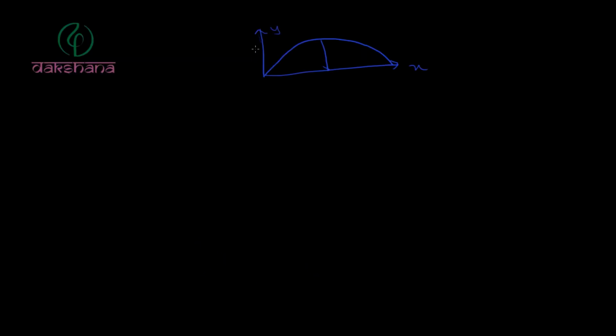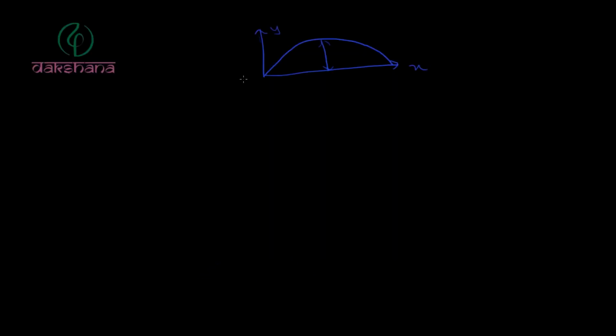Now we know for attaining maximum height, this is my x, this is my y, this was the projectile, this was the maximum height. So for attaining maximum height, it takes t by 2 time.